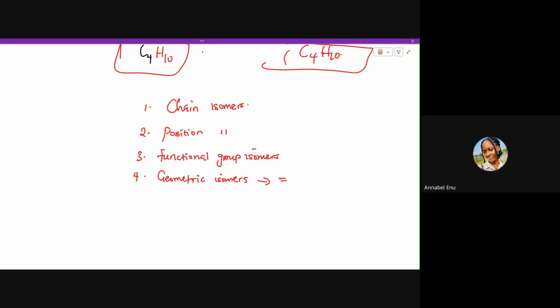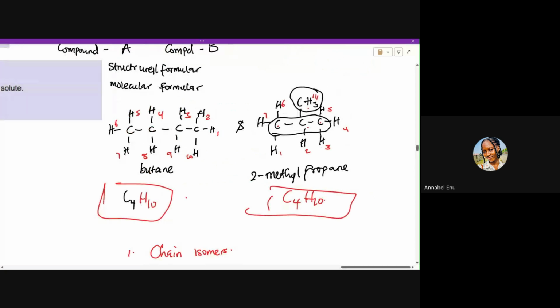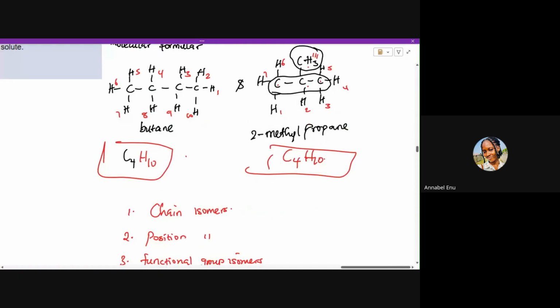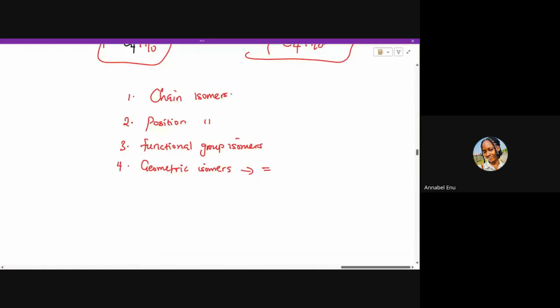The chain may be branched for one of them and straight for the other, just as we can see in the example we did earlier. The butane is a straight chain hydrocarbon, while the methylpropane is branched because there's one substituent at one place. So that branch is now a substituent rather than a part of the continuous longest chain.